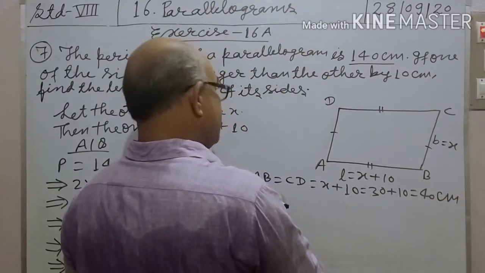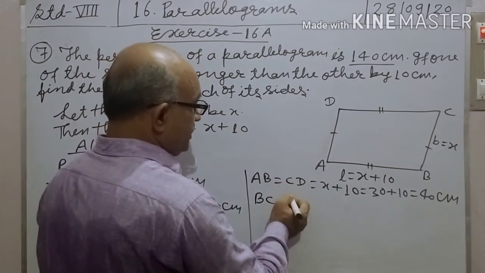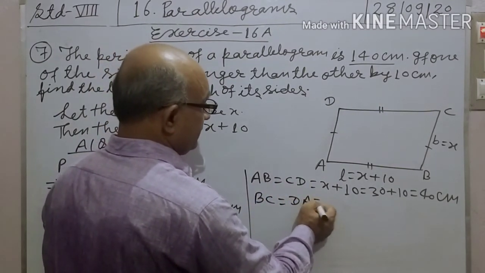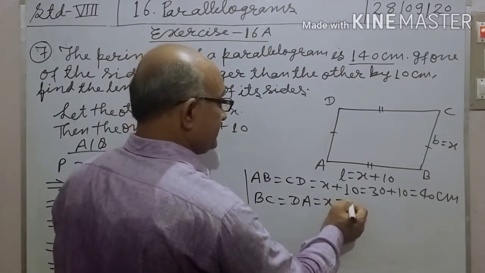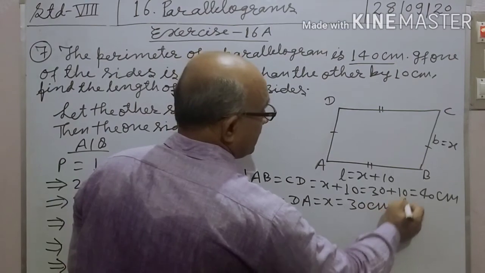Now next side is BC. BC equal to DA equal to x equal to 30 cm. Answer.